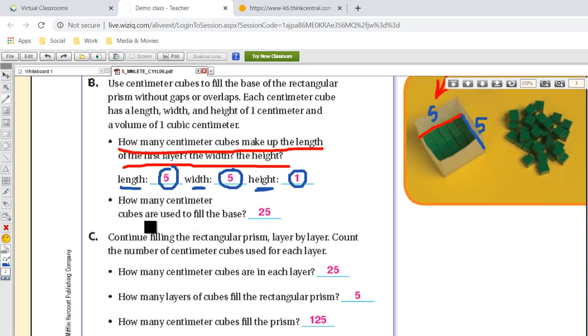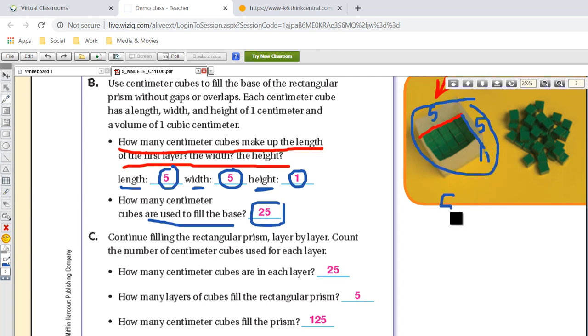Okay, how many centimeter cubes are used to fill the base? So how many centimeter cubes in this base? So it's 25, because if we want to get the volume of this layer, you have to multiply the 3 dimensions by each other. We have 5 and 5, and we have here 1 as height.